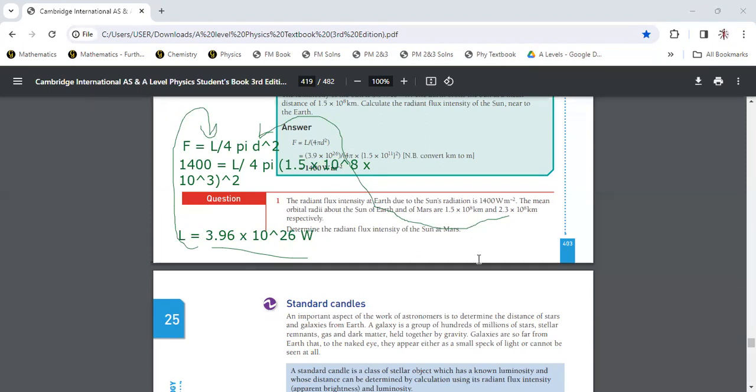You could also use a ratio for this question, although this is a safer alternative where you would not make as many mistakes. Now, I ideally get an answer of 595 watts per meter squared, or if we follow the significant figures rule, 600. The radiant flux intensity of the Sun at Mars will be 600.